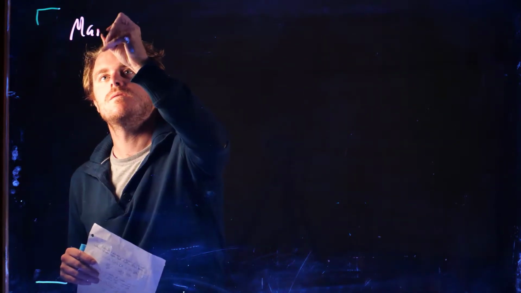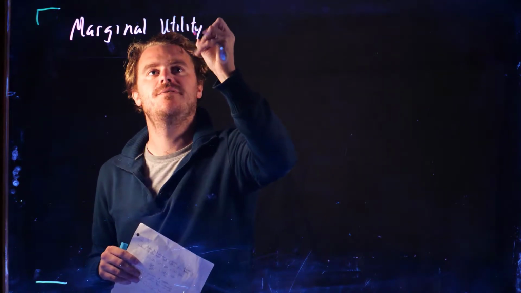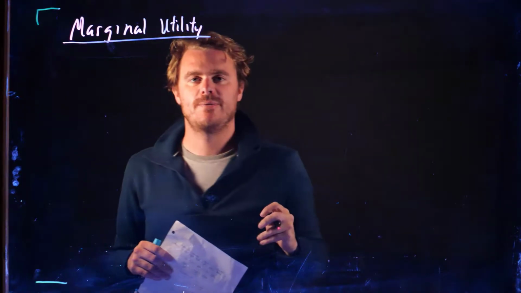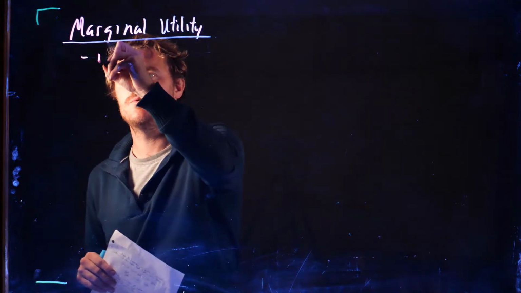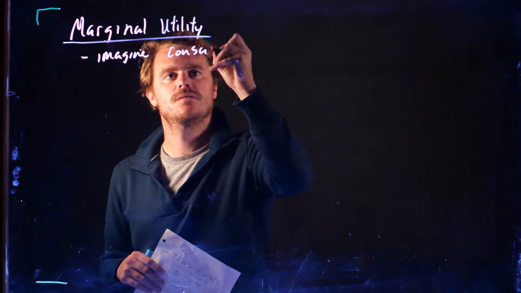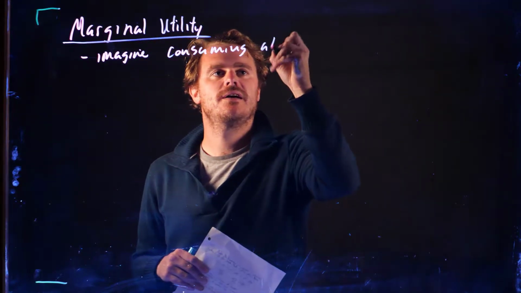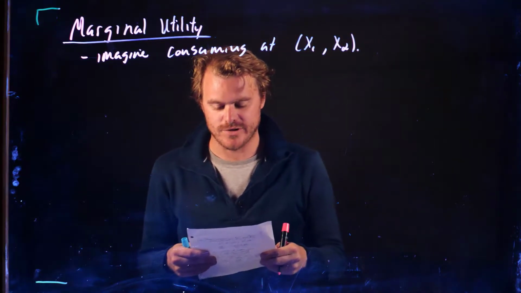So with this in mind, let's start talking about marginal utility. So we have utility functions, and we can think now about marginal utility. Imagine we're consuming at bundle x1, x2, so we're consuming at one particular bundle.